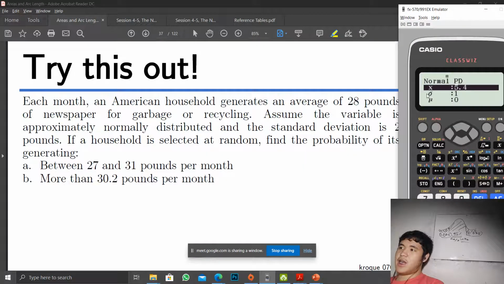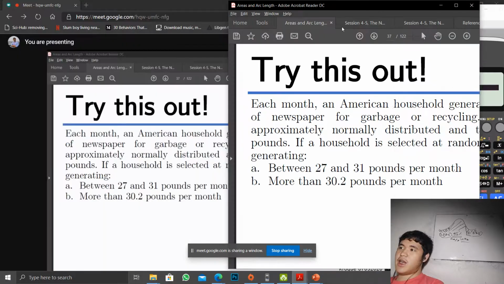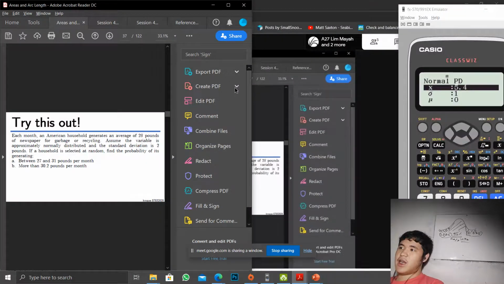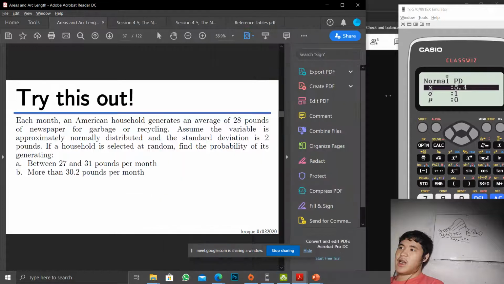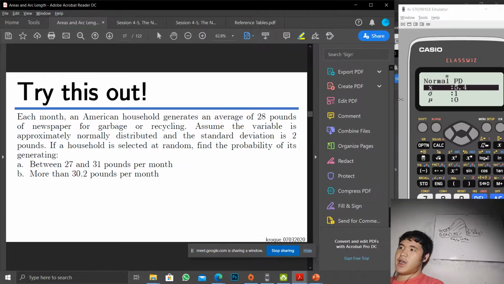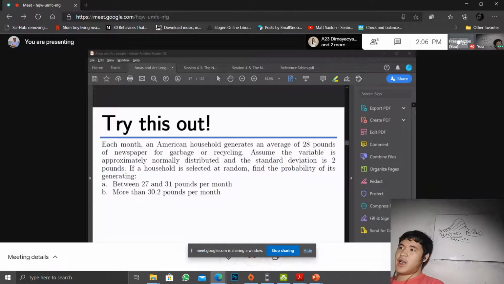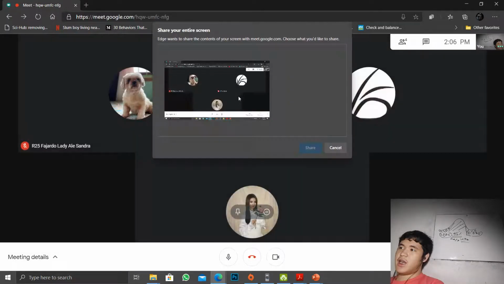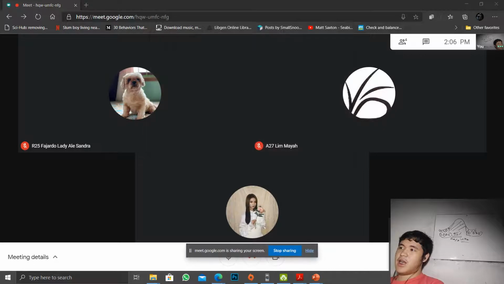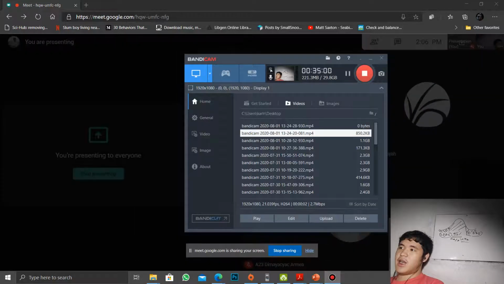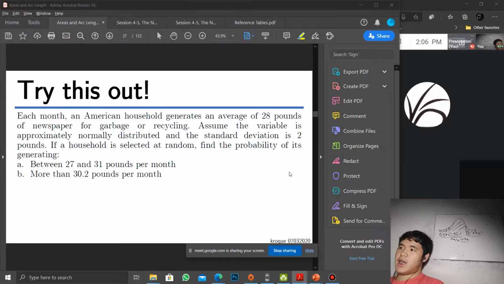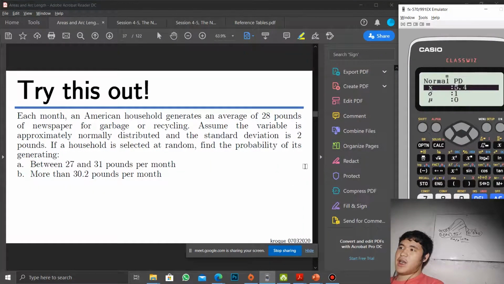Let's just use our calculator para mabilis tayo. And I think ganito rin naman papagawa sa inyo sa school. Teka, let me fix the screen sharing. Oh, let's use the normal CD.